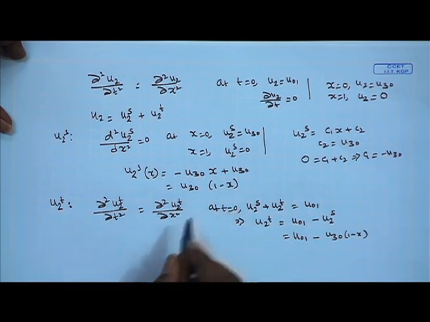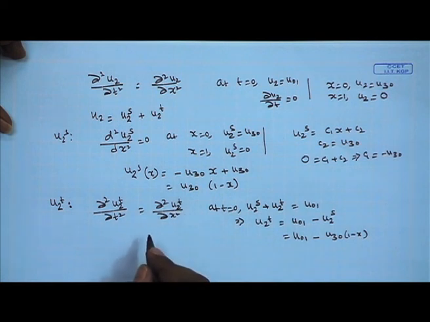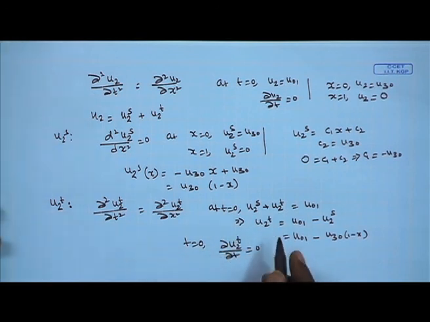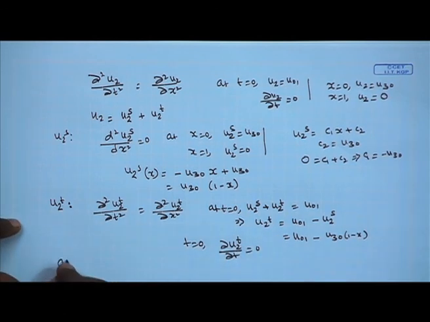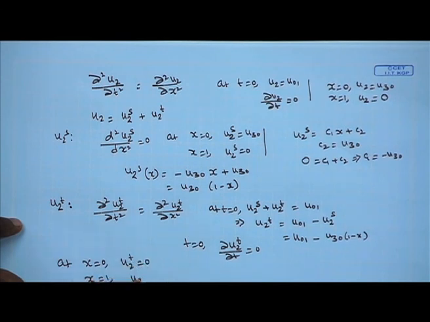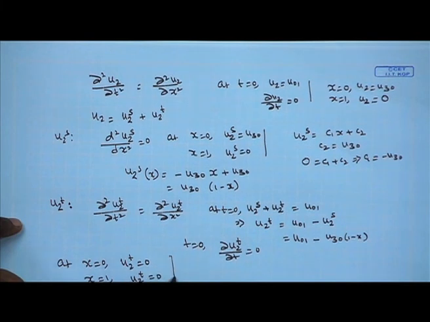Similarly, at t is equal to 0, del u2t del t is equal to 0, because the spatially varying part, the time derivative of that will be equal to 0. For the boundary conditions, at x equal to 0, I have u2t is equal to 0, and at x is equal to 1, u2t is equal to 0. So, we will have a standard eigenvalue problem in the x direction.